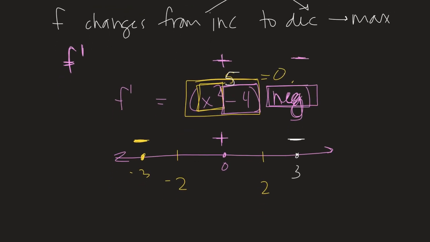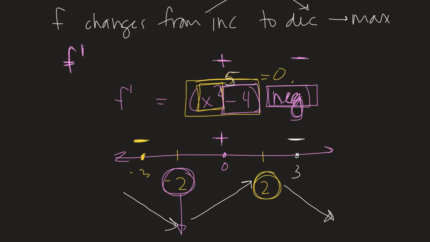So let's look at our graph. We have a decreasing function, and then an increasing function, and then a decreasing function, which means at negative 2 we're going to have a relative minimum, and at positive 2 we're going to have a max.